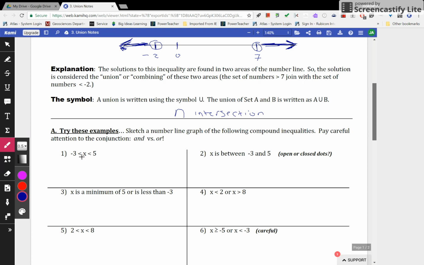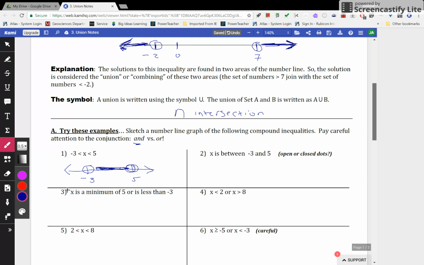No. The way this is written, x has to be both greater than negative 3 and less than 5, so this is going to be an "and" statement. So when I graph this, because it's an "and" statement, I will be shading in between those two points, just where they overlap.